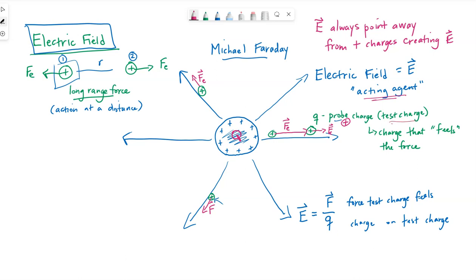The test charge or probe charge is the one that is actually experiencing or feeling the force because it is nearby this charge that's creating the electric field. Now, fundamentally, yes, every single charge would create its own electric field. That is totally true. So in any one given situation, we have to decide which charge is creating the field versus which charge would be feeling the force.